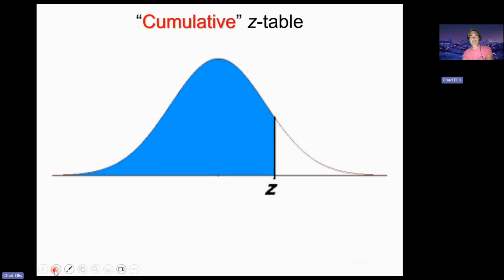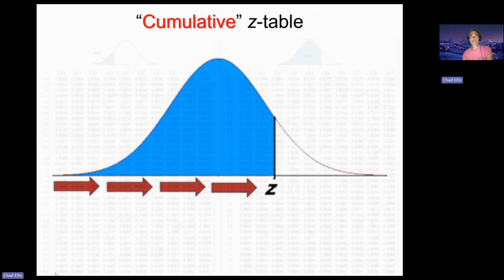Cumulative means that we are adding up all of the area underneath the curve, going from the extreme left side of the normal distribution up to the z value itself. So if we had a z value of, say, 1.5, the probability for a cumulative z-table adds up all the area underneath the curve from the z value all the way to the extreme left tail of the normal distribution.